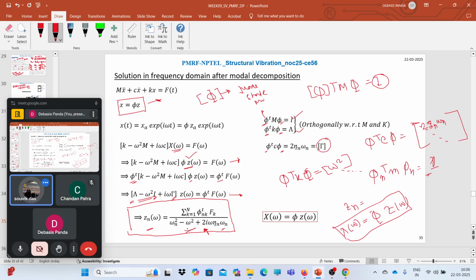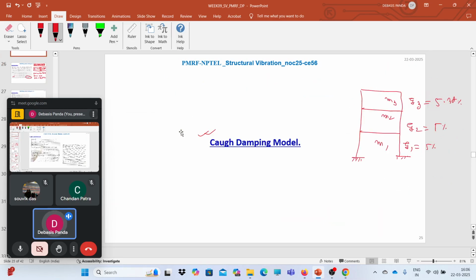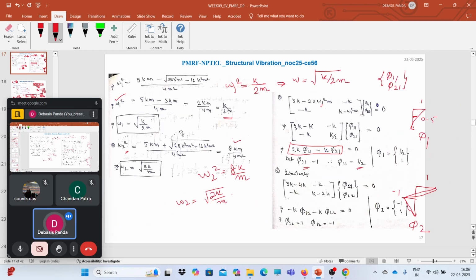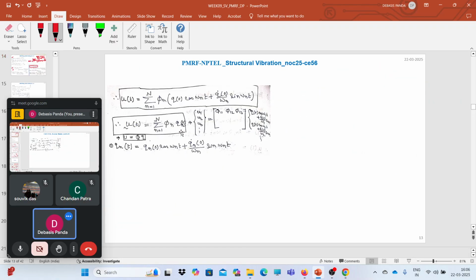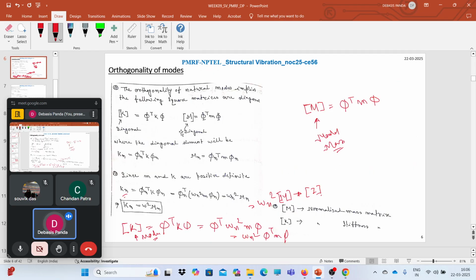No. But you need to make all these files big Φ, okay? There is a basic difference between the modal matrix and the mode shape. You got it, no? That's why I'm telling you that all notation should be big Φ.